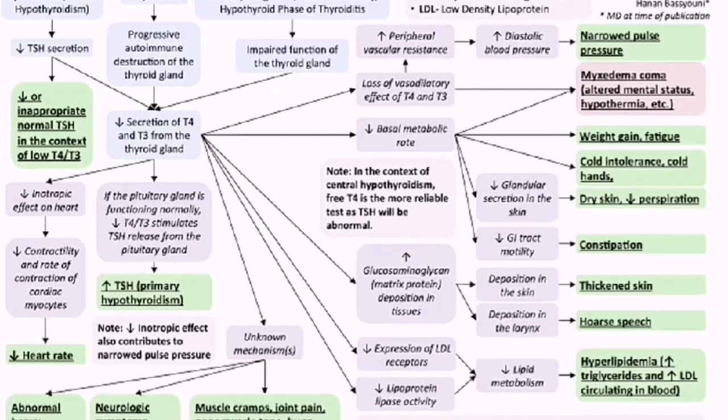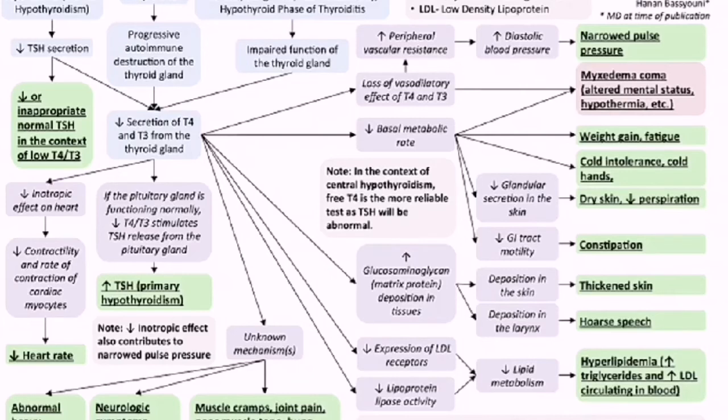Hypothyroidism may also be caused by progressive autoimmune destruction of the thyroid gland. Then the secretion of T4 and T3 from the thyroid gland decreases because of this progressive autoimmune destruction.